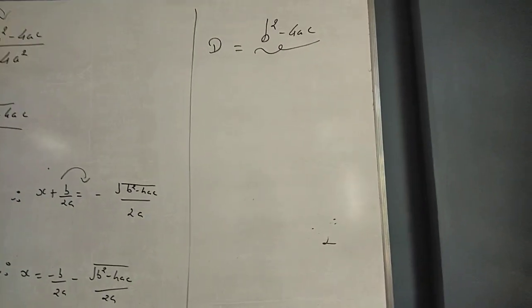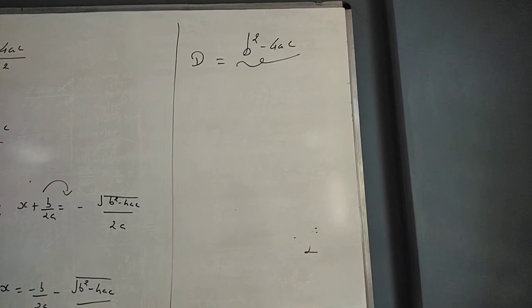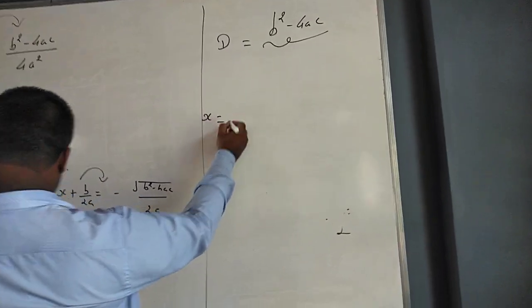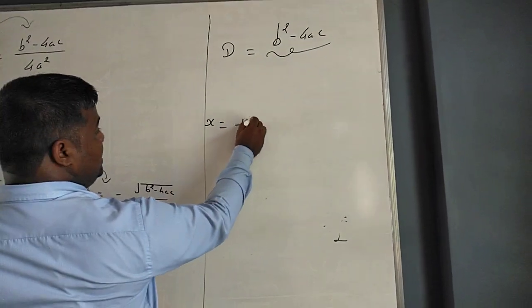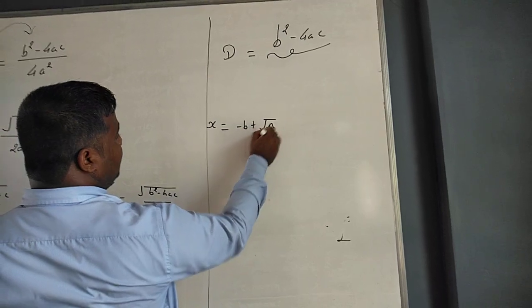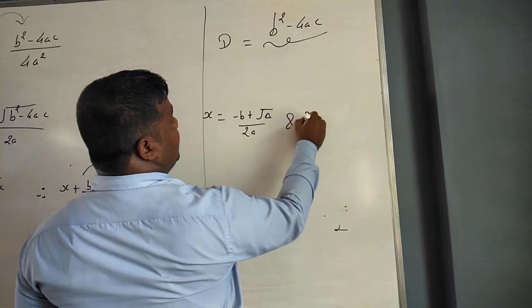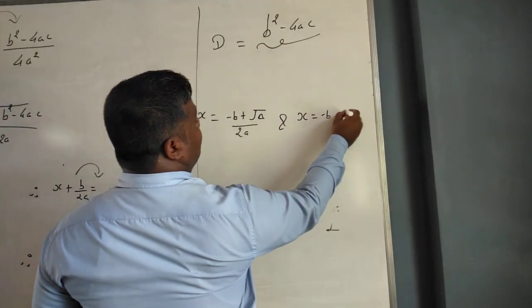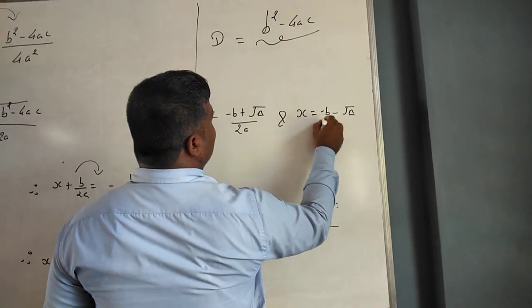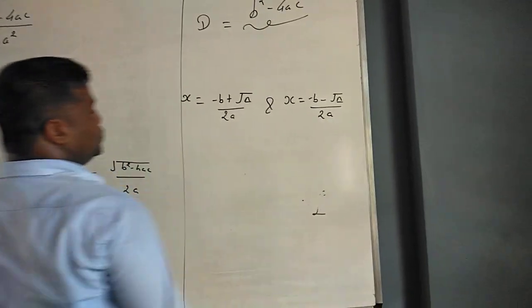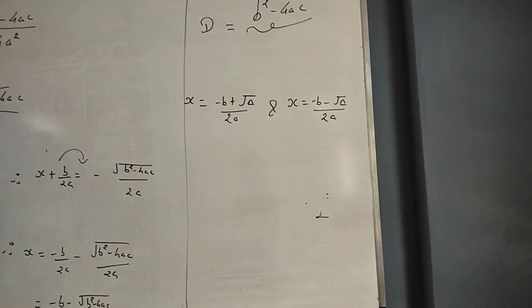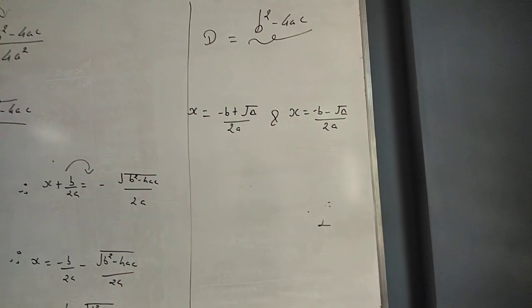So we can modify the roots this way. The first root is x = (−b + √Δ)/2a, and the other is x = (−b − √Δ)/2a. So we are getting the two roots of the quadratic formula.